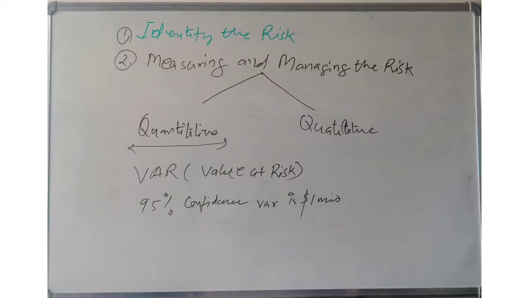If we want to represent this VAR in graphical form, let's say we have the data points for the last 1 year, and this is the midpoint, and this is the bell curve of the company's performance on an annual basis.